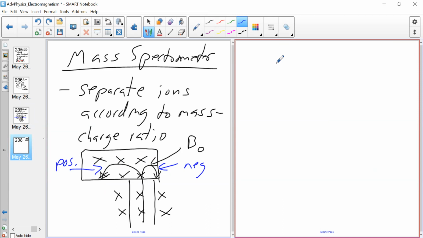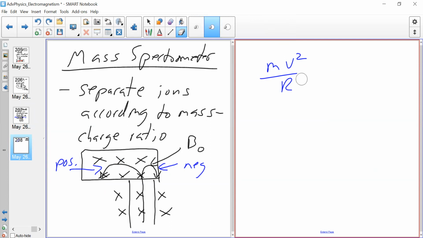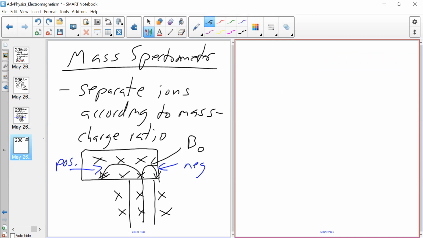And so the magnetic force is a centripetal force. So we have mv squared over r equals q v B, with no electric field in question there.